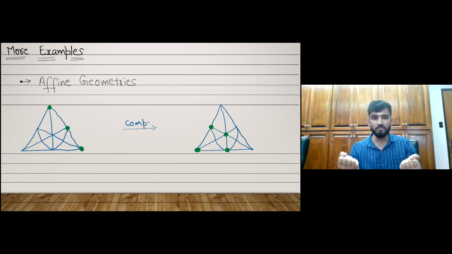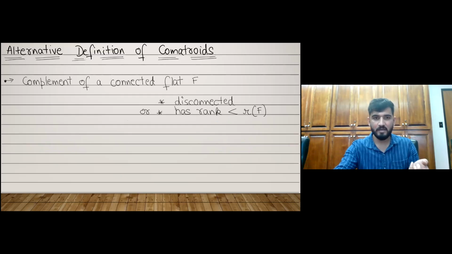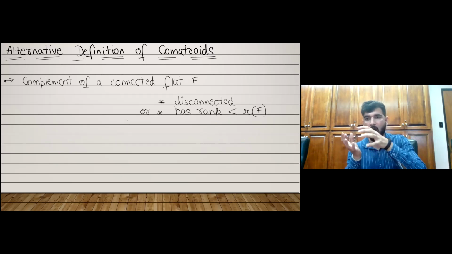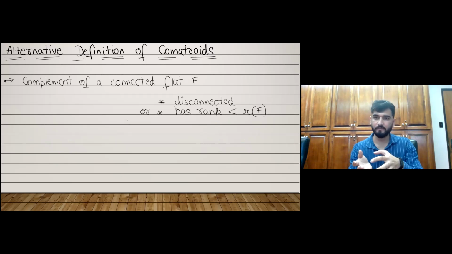For matroids, induced subgraphs correspond to flats, so an analog holds for comatroids as well. If you take a connected flat of a comatroid and consider its complement, the complement is either disconnected or has rank less than the rank of the flat.